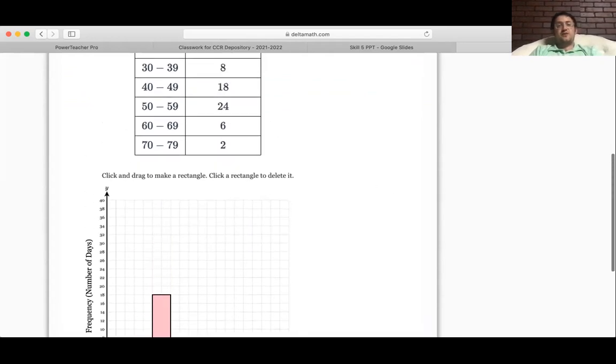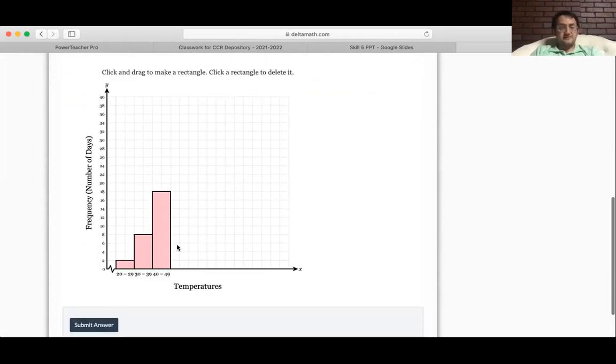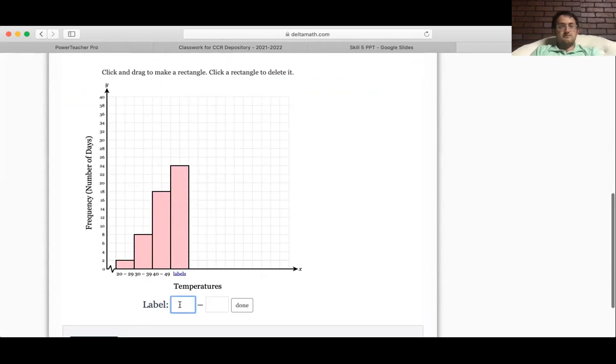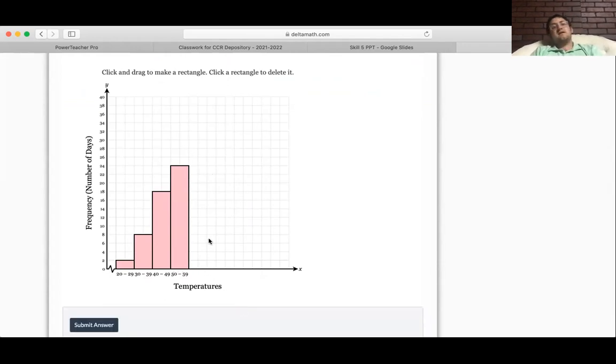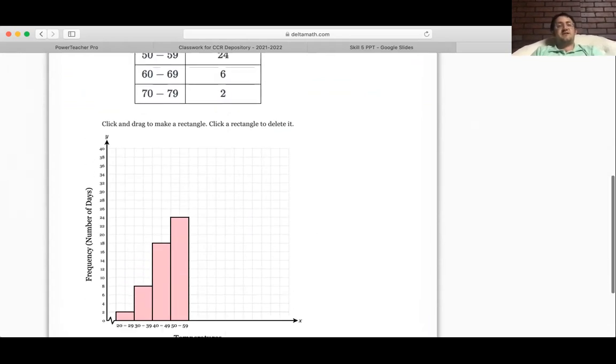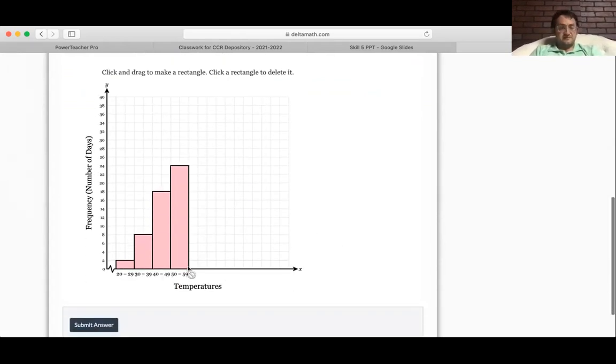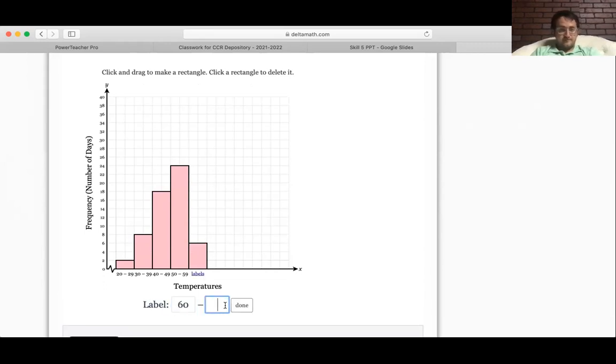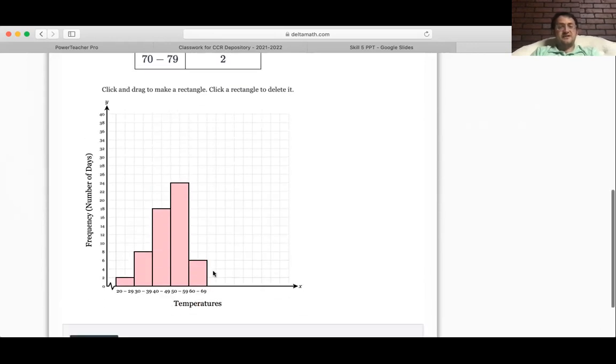Then I have 24 days for 50 to 59, 6 days for 60 to 69, and 2 days for 70 to 79.